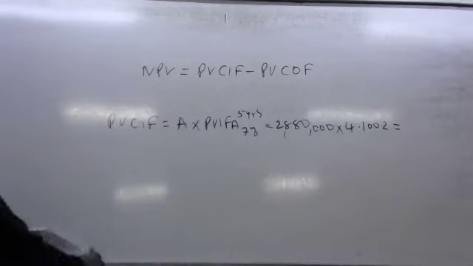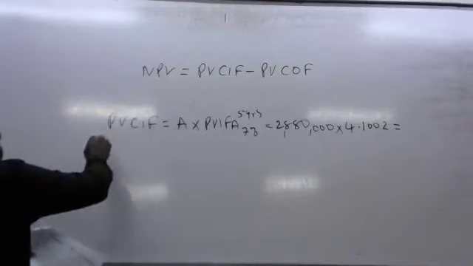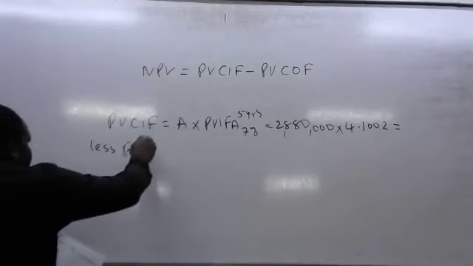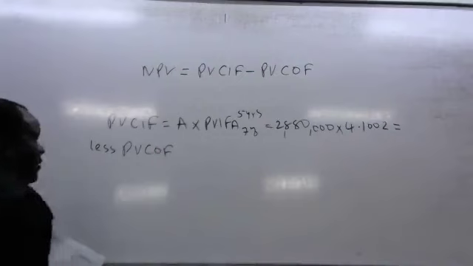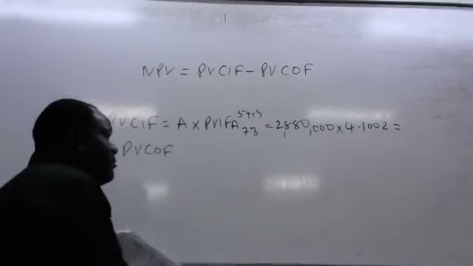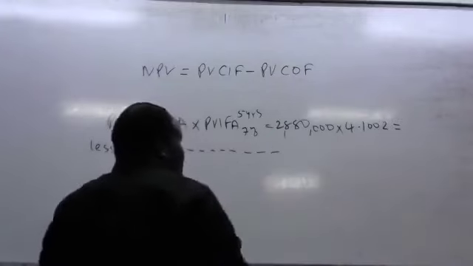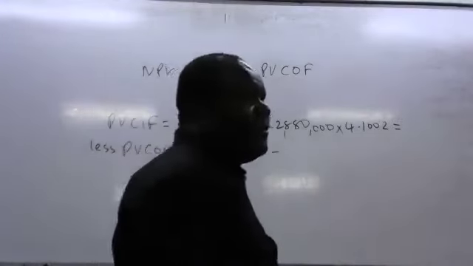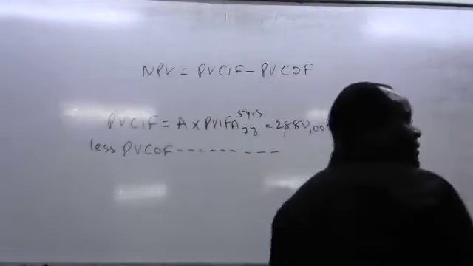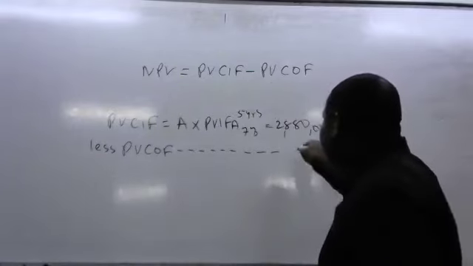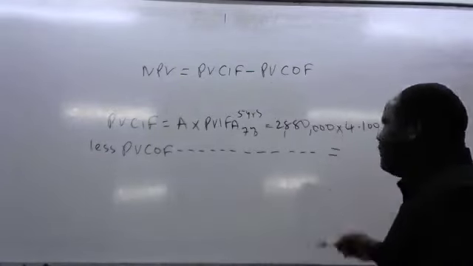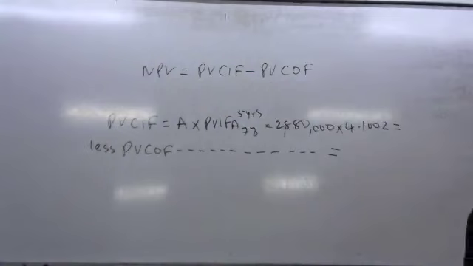Then you will be required to subtract the present value of the cash outflow. The present value of the cash outflow is what we calculated in Roman letter 1.